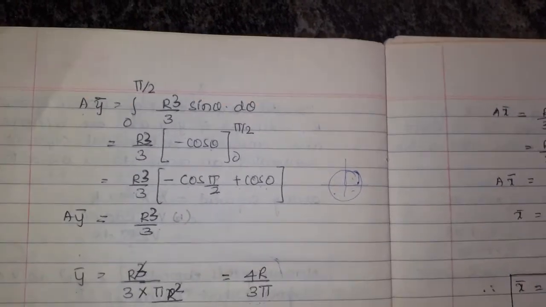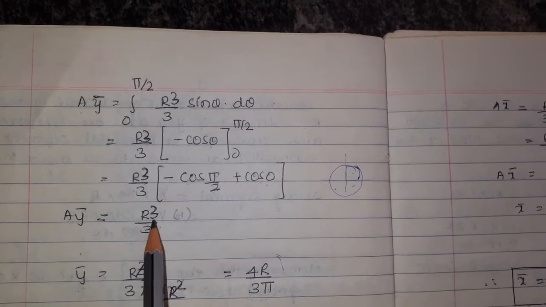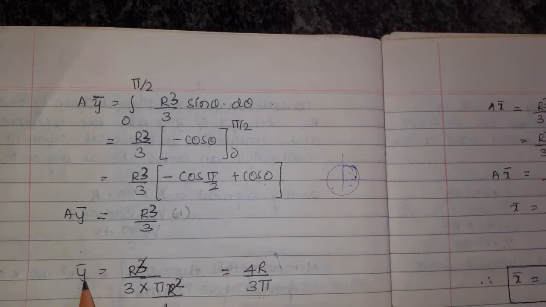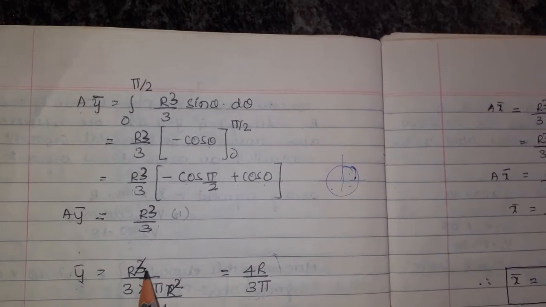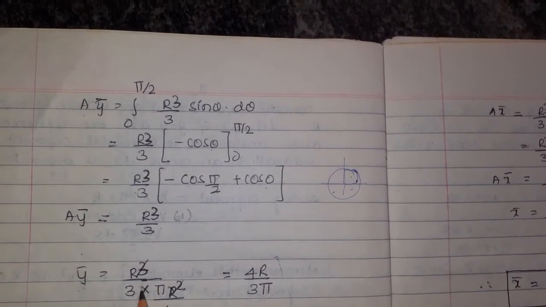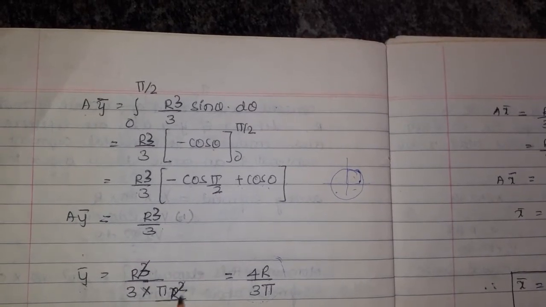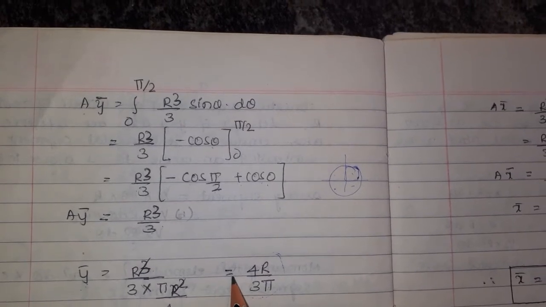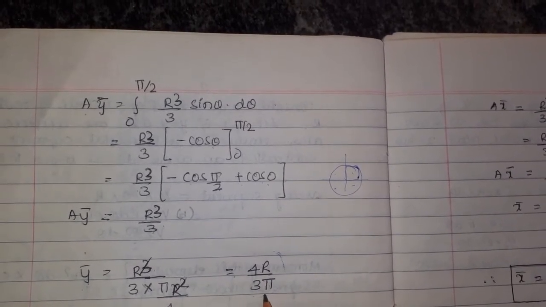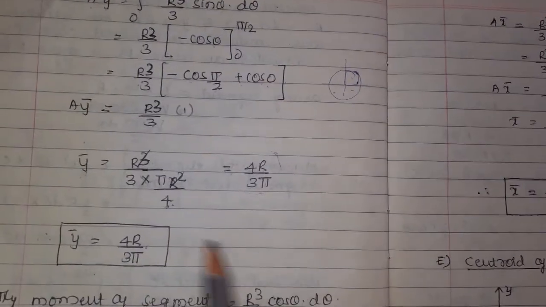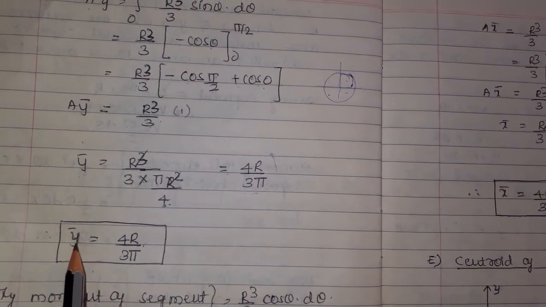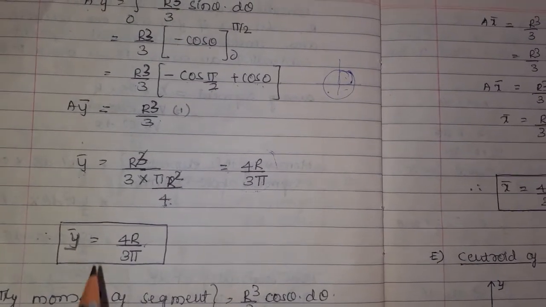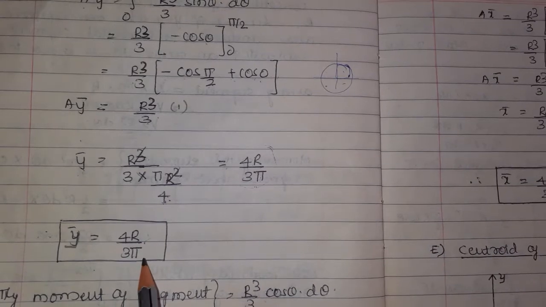So you will get the value as 1, hence it is equal to 1 into r cube by 3. Therefore y bar is equal to r cube by 3, taking the area to this side, divided by pi r square by 4, since it is a quadrant, which is equal to 4r divided by 3 pi. So the centroidal distance from the x-axis, y bar, of a quadrant of a circle is equal to 4r by 3 pi.